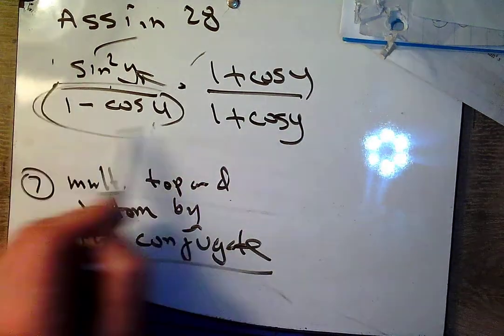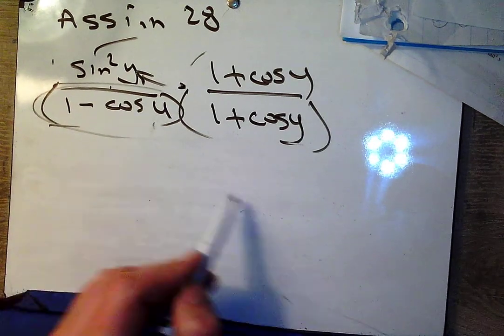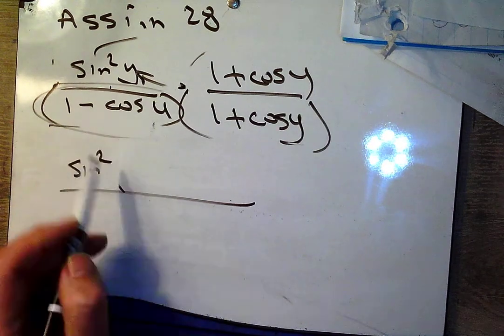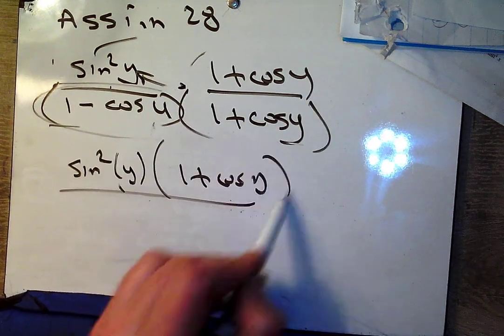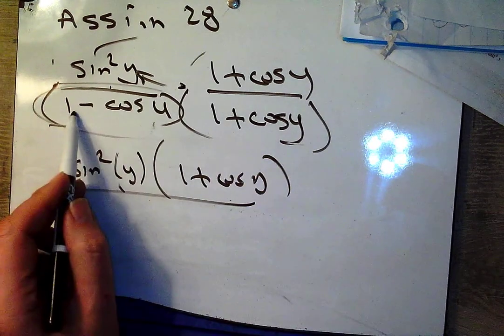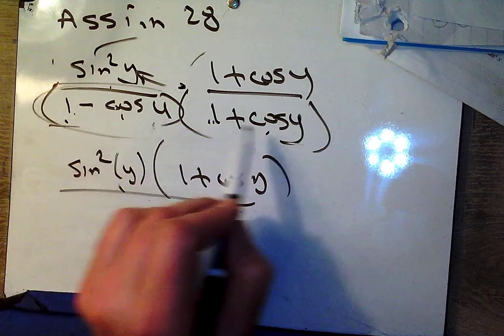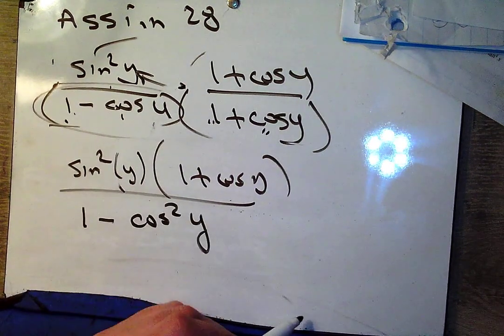Okay. I FOIL on the bottom. What do I get on the bottom? So sine squared y times 1 plus cosine y on top, and on the bottom, I'm going to have 1 minus cosine y plus cosine y minus cosine squared y. Cosine squared y.